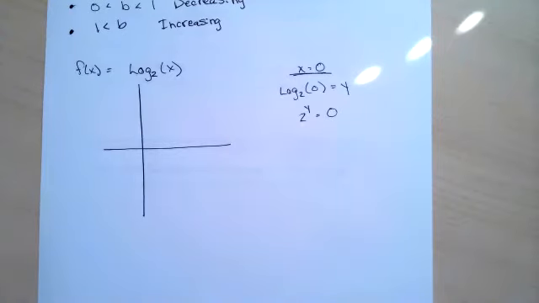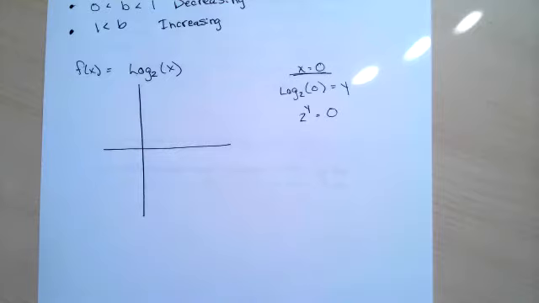If you want to do some numerical estimates, well, what happens if I start plugging in negative values for y? So negative 1 will give me 2 to the minus 1, which is 1/2. Negative 2 gives me 2 to the minus 2, so 1/4.